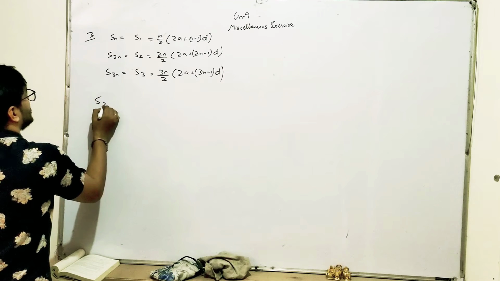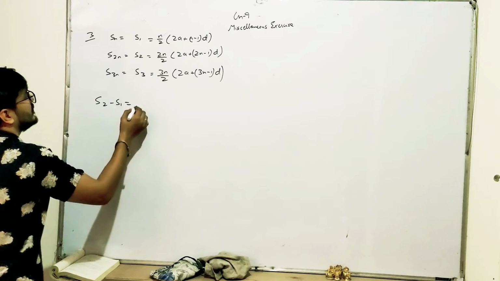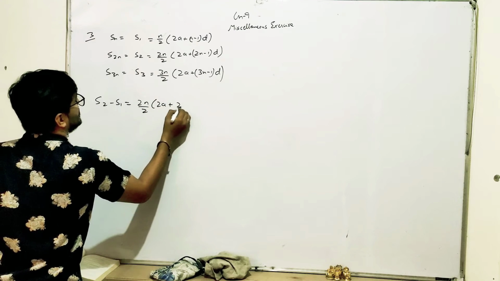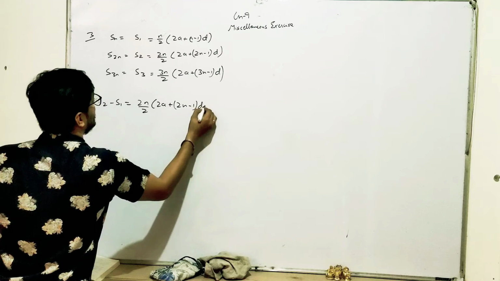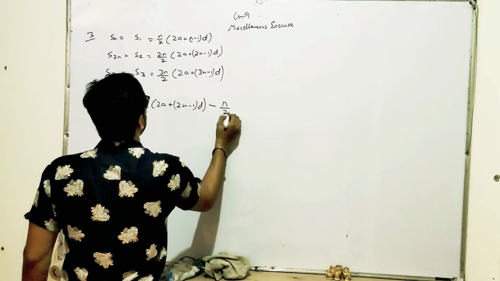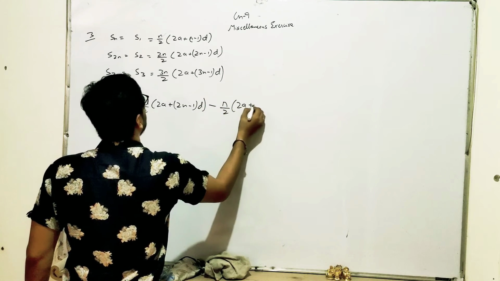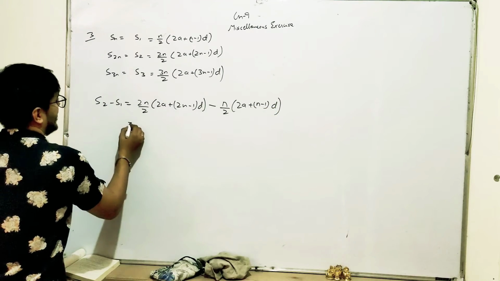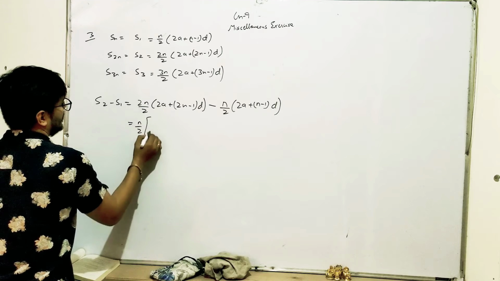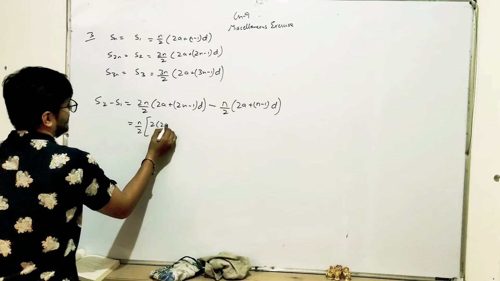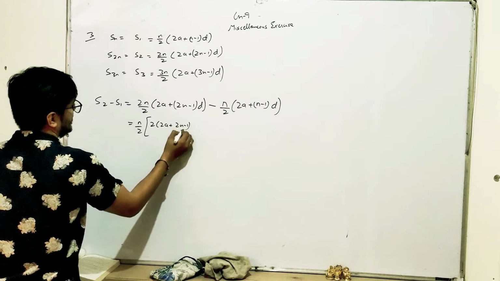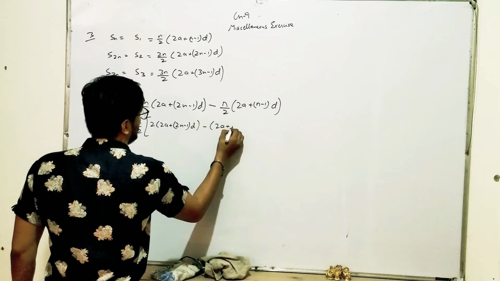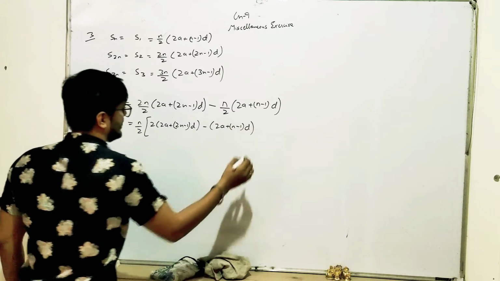So S2 minus S1 is equal to 2n upon 2, (2a + (2n − 1)d), minus n upon 2, (2a + (n − 1)d), right? So taking n by 2 common throughout: 2 bracket (2a + (2n − 1)d) minus (2a + (n − 1)d), right?